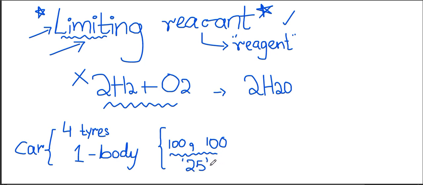So only 25 bodies will be able to be utilized because there were limited tires. That's why the bodies couldn't be used at their most number, which was 100. Only 25% of them were utilized, 25 bodies.